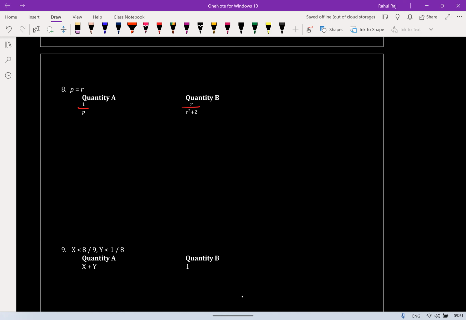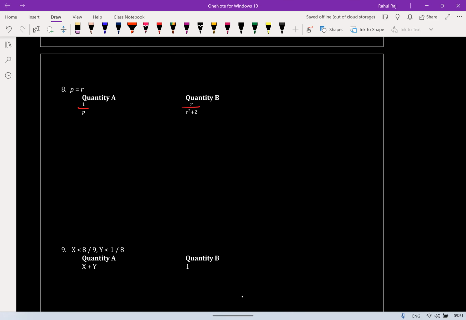So quantity A, you can assume that it's 1 by R, because P is equal to R. Yeah, absolutely. And in B, you get R by R square plus 2.